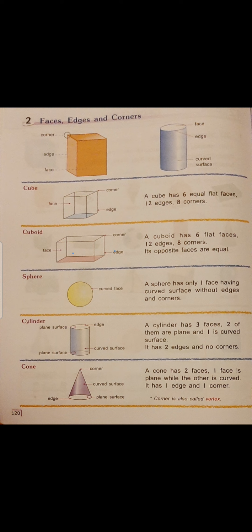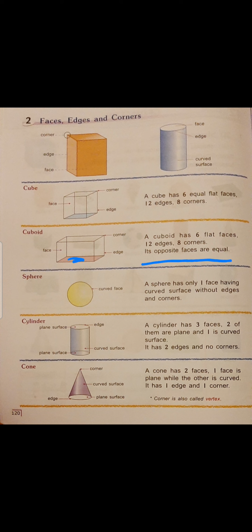How many edges are there? 12 edges are there. Similar to this, how many corners? 8 corners are there. But its opposite faces are equal. For example, here it is written that opposite faces of this cuboid are equal.